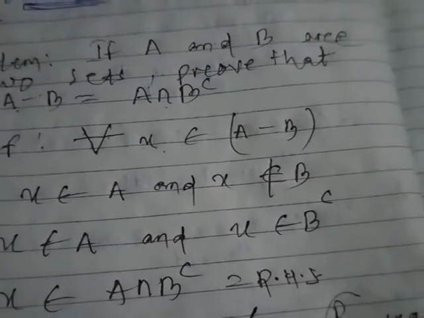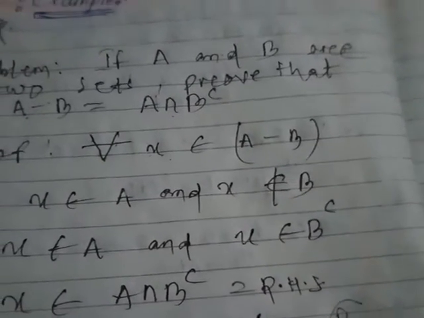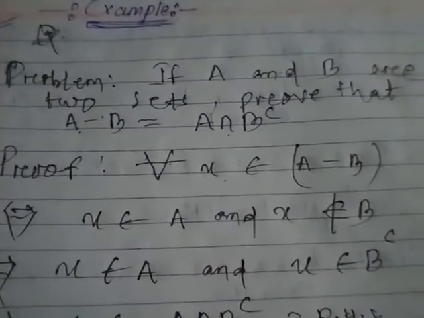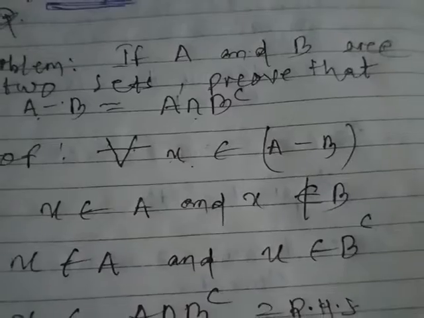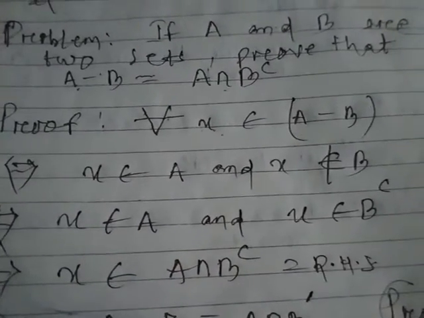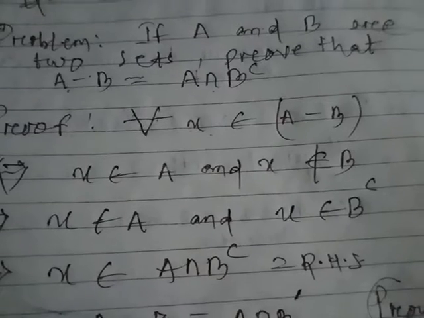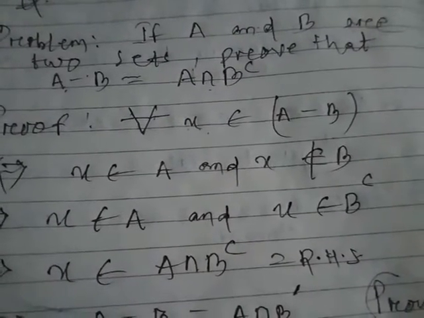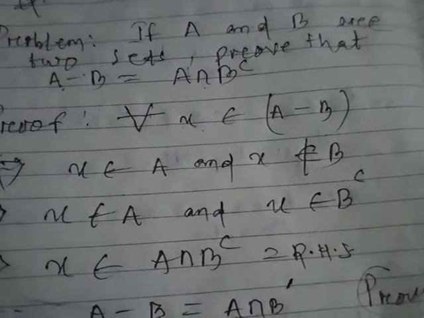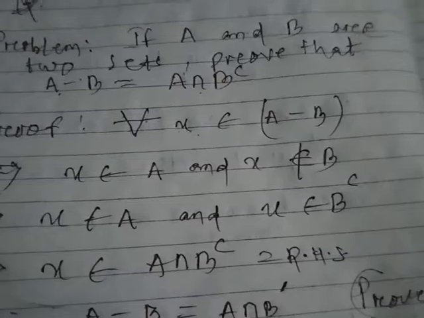Then X belongs to A and X belongs to B complement. It means X is a common element of A and B dash. Complement means B dash.